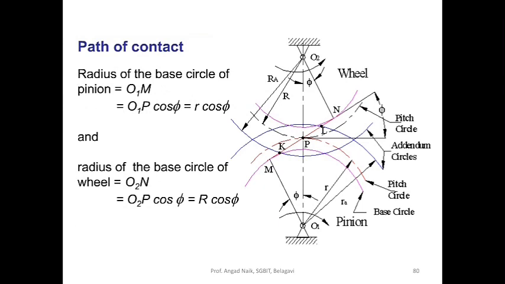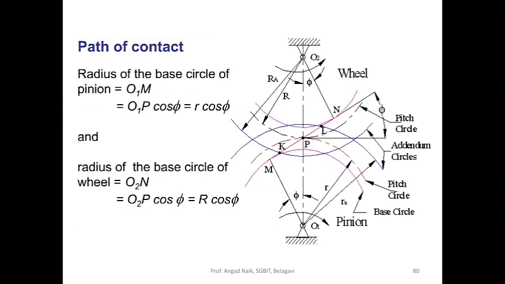If I consider the triangle O1MP, the angle subtended at the center is phi. Cos phi is adjacent side by hypotenuse. Hypotenuse is O1P and adjacent is O1M.